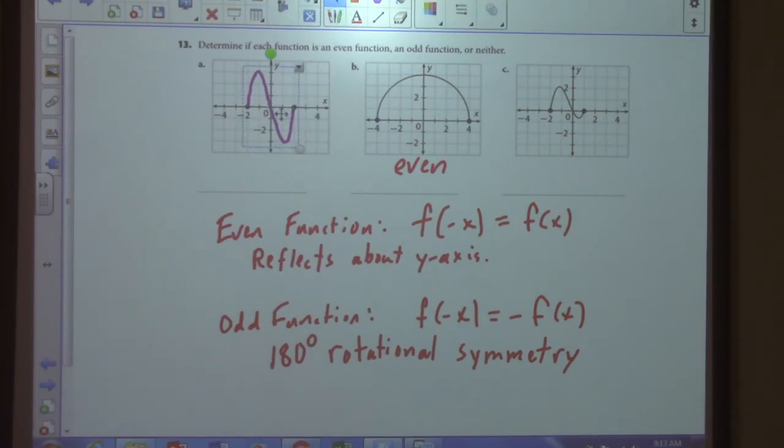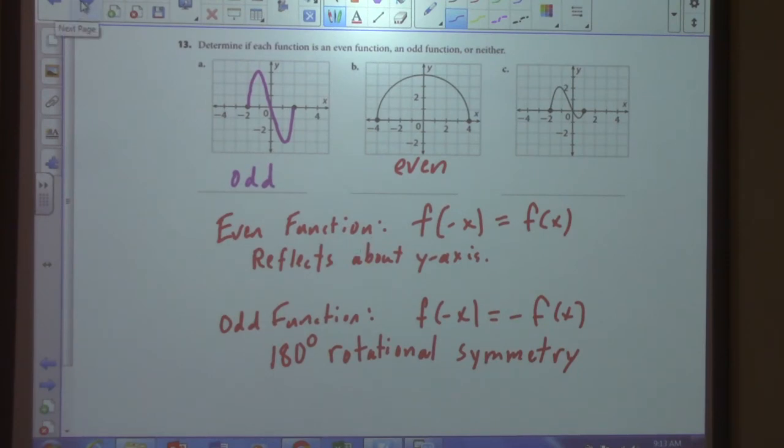Now I have this thing. Isn't that neat? Yes, 180-degree rotational symmetry. That's the academic definition, so just look out for that. So this will be odd, right? Yeah.